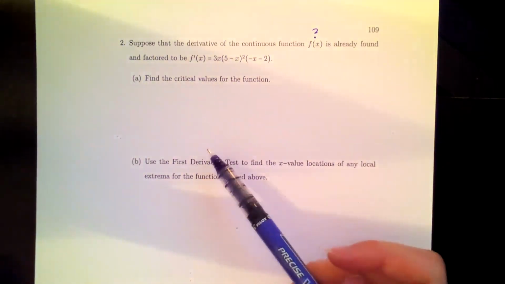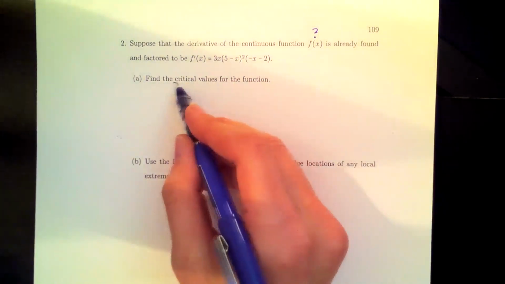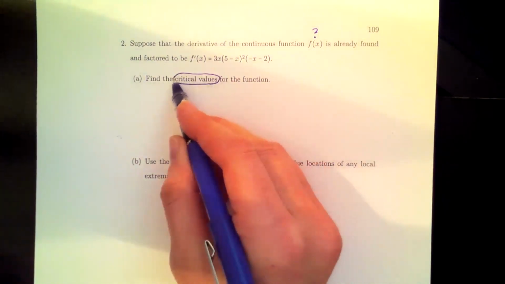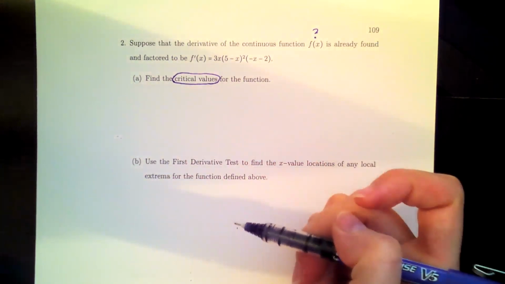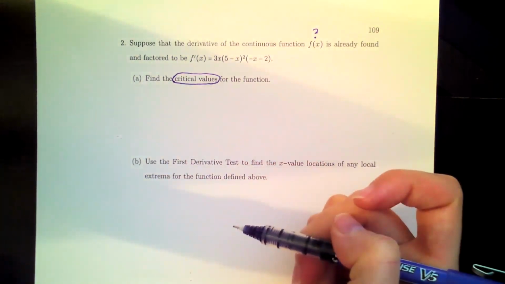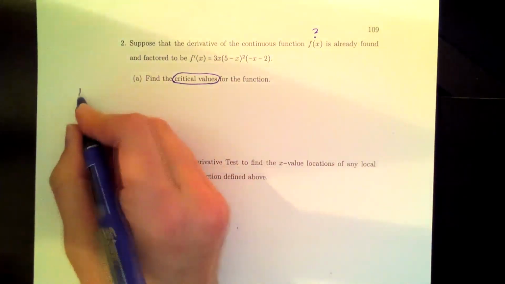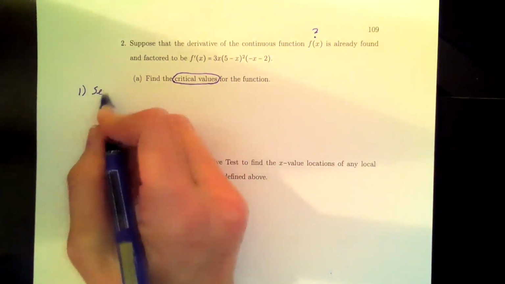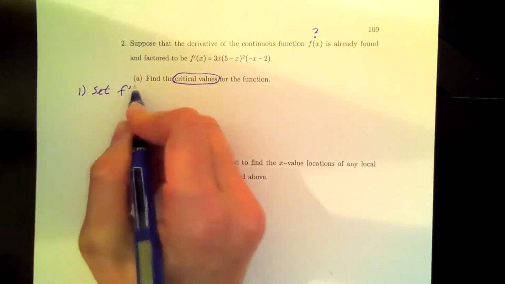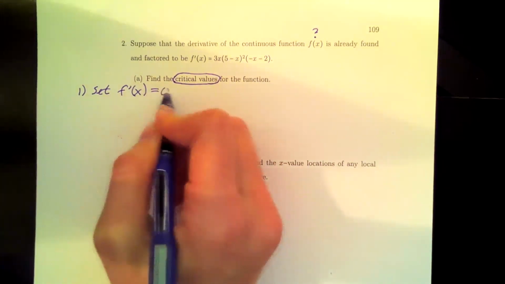Now, this is where we have to remember that critical values or critical numbers come from 2 places. 1, setting the derivative equal to 0, and 2, any new domain restrictions of the derivative. So let's start off with 1. Set the derivative f prime equal to 0.